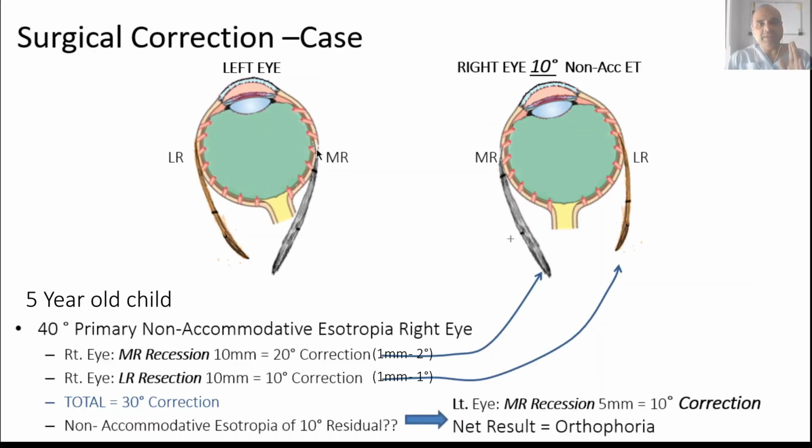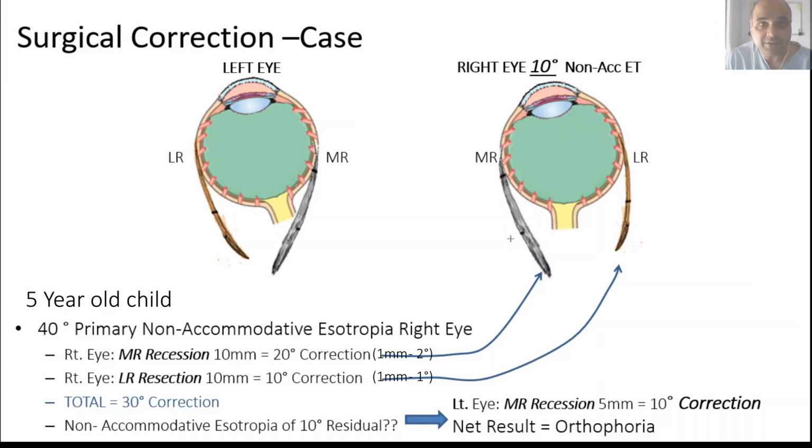That would weaken this medial rectus and move the eye outwards because the lateral rectus would now be stronger by 10 degrees. So our right eye is turned inwards 10 degrees, esotropia, and our left eye is now turned outward 10 degrees, exotropia. So relatively between them, there is no squint left.